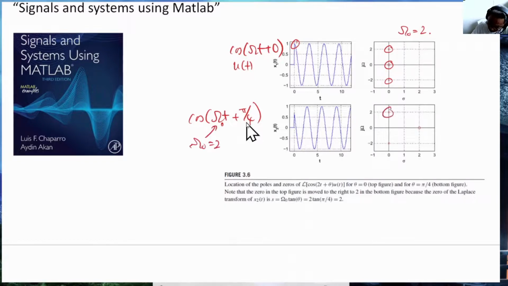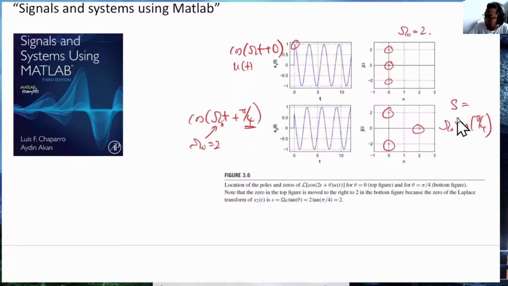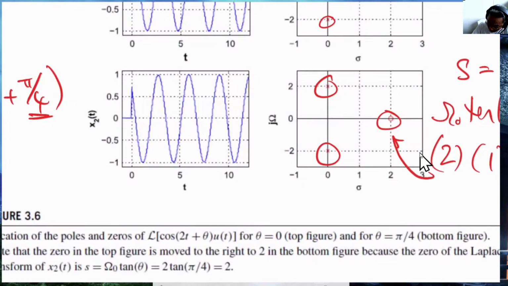Again, our poles are here. To calculate the zero, we know it is omega naught times tangent pi over 4. Omega naught is 2, tangent pi over 4 is 1, so it is 2 times 1. The answer is 2, the real value 2, so we can plot the zero over here.